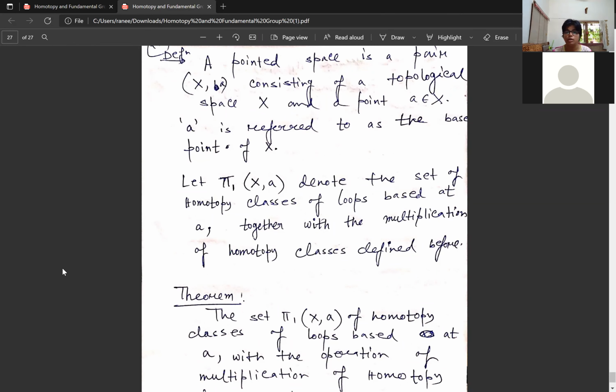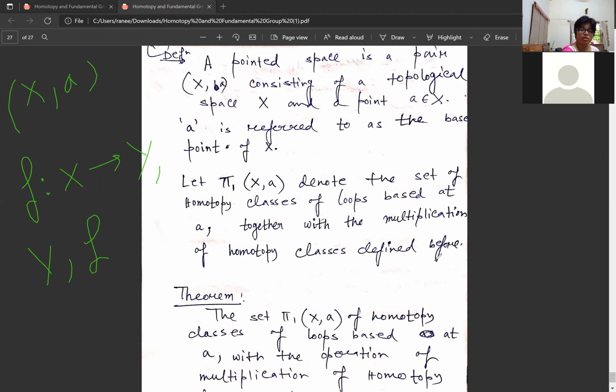So the pointed space is important in this way: if f is a function from X to Y, and my pointed space is X comma A, then my Y should also be a pointed space, which is not just Y, but Y comma f of A. I'm trying to look at that point and its neighborhood in the topological space.